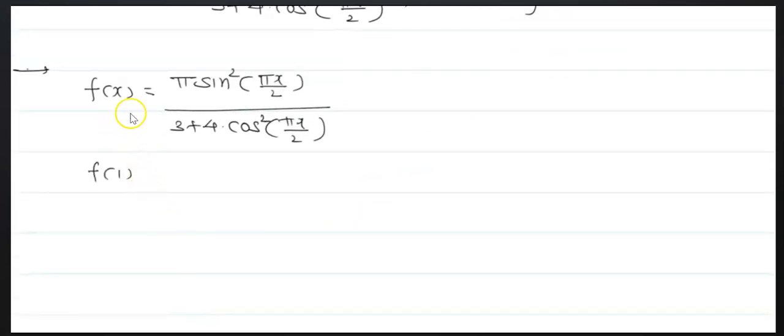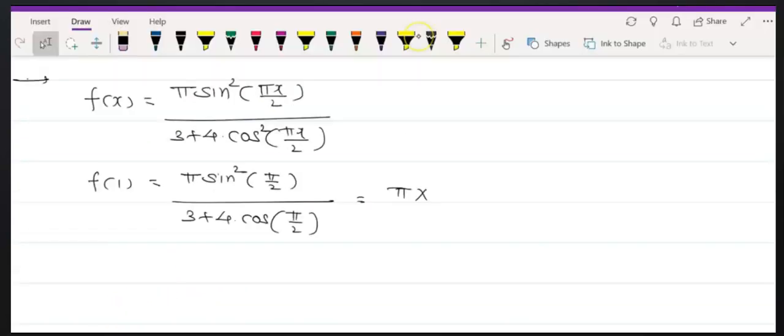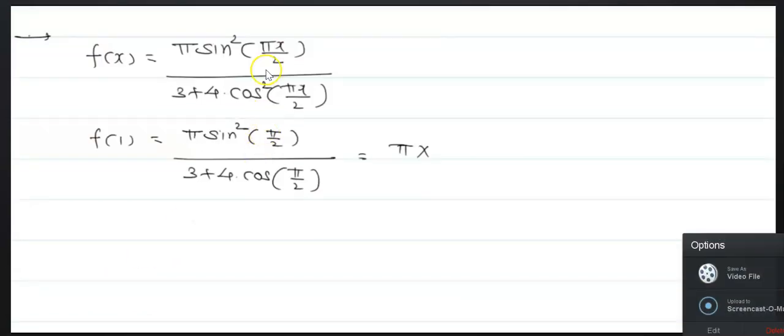Now see this function f of x, f of 1: replace x by 1. Then you will get sin of pi by 2, sin pi by 2 is 1, pi into 1 square is pi. That is 3 plus 4 cos of pi by 2, cos 90 is 0. Therefore overall you will get 3 here.